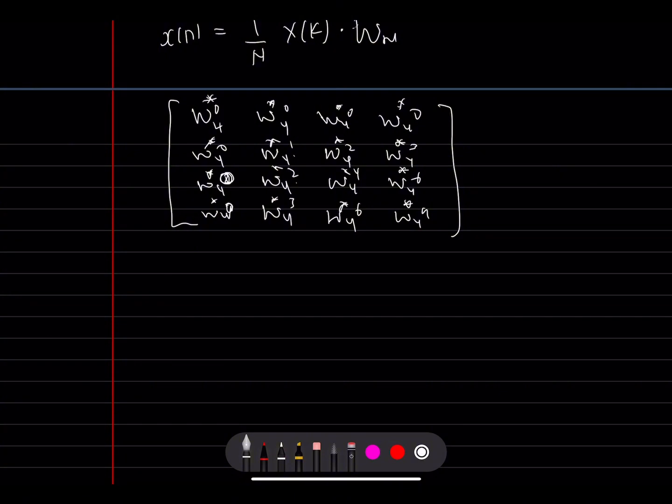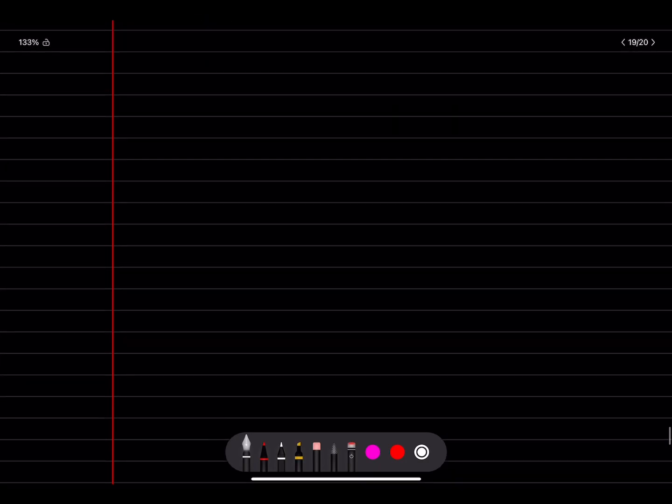So let's head straight into solving some examples. Given X of k equal to 10, negative 2 plus 2j, negative 2, and negative 2 minus 2j, we are being asked to find the IDFT.